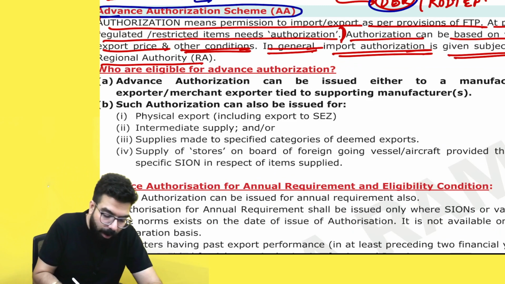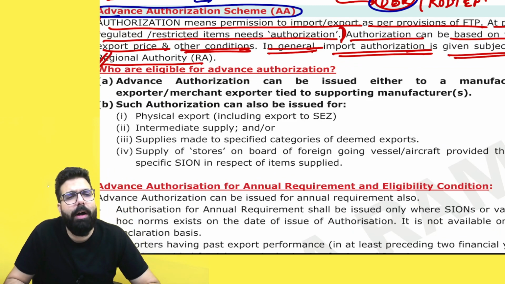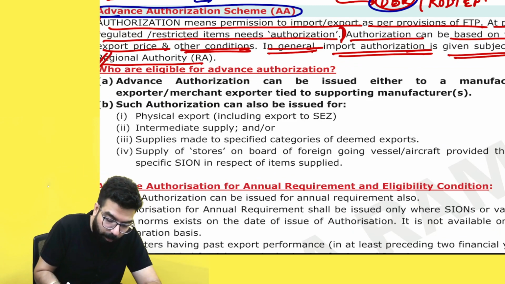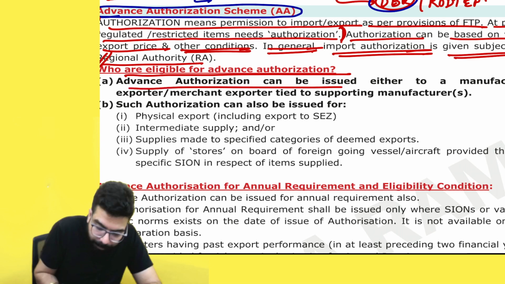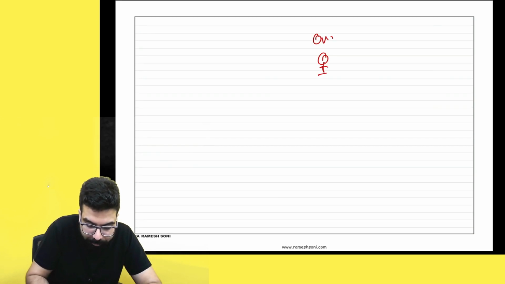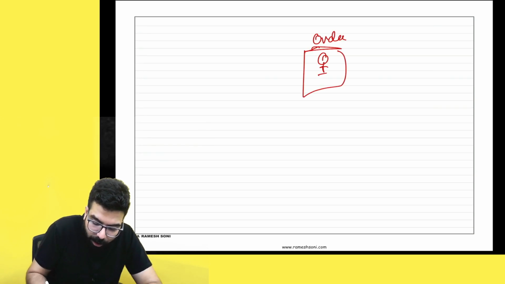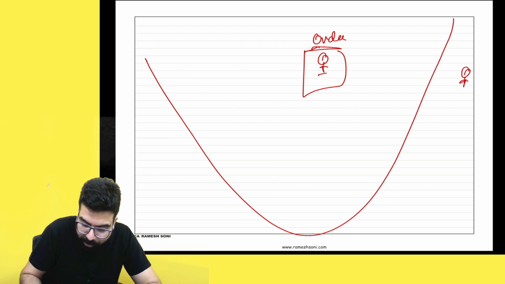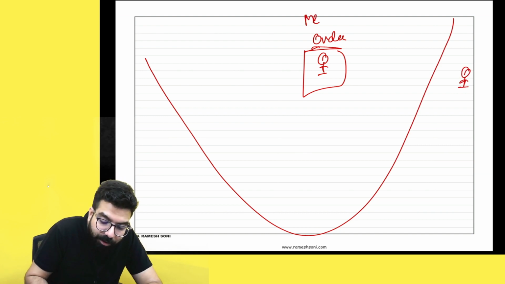Next. Now, sir, who are the people who are eligible for advance authorization? Number one, advance authorization can be issued to a manufacturer exporter. Do you guys remember? If I am a person, I got an order, okay? I got an order for export from outside India. I am telling I am a merchant exporter.